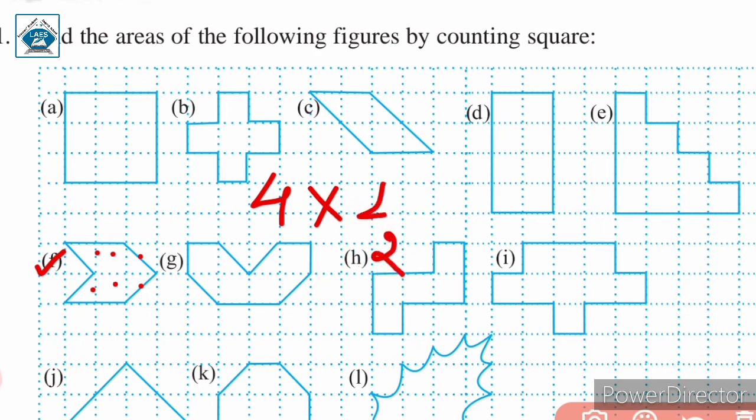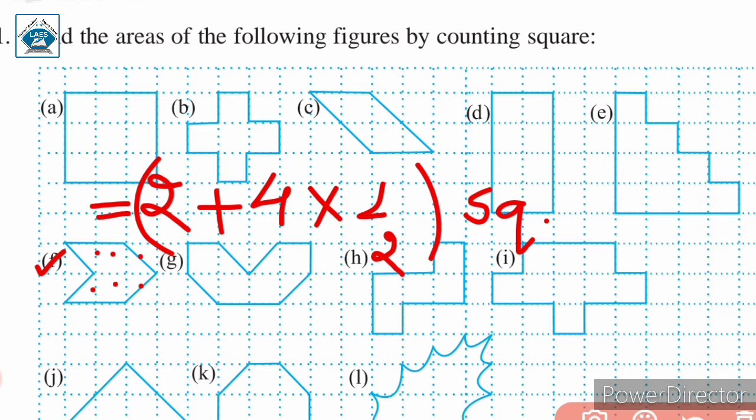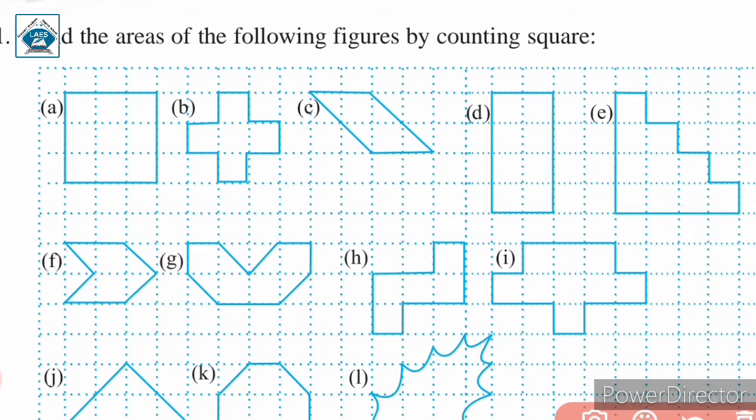And how many full squares are there? There are 2 full squares. So adding these two, you will get the area of figure F in square units. So you need to find the answer of this. Similarly, D or E, you need to solve in the notebook and write the proper solution.